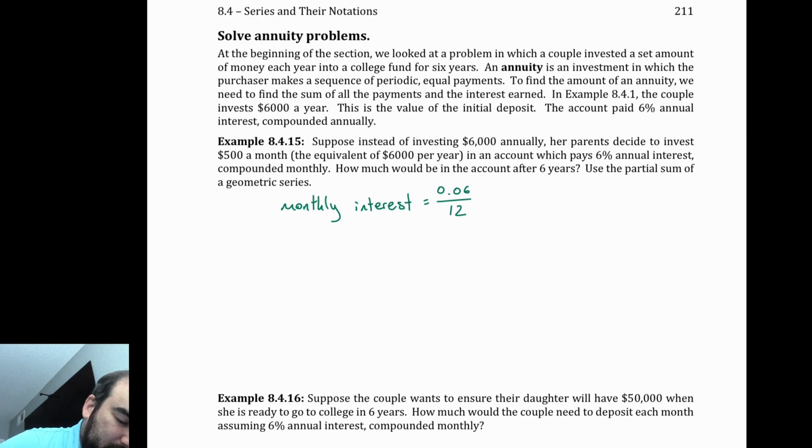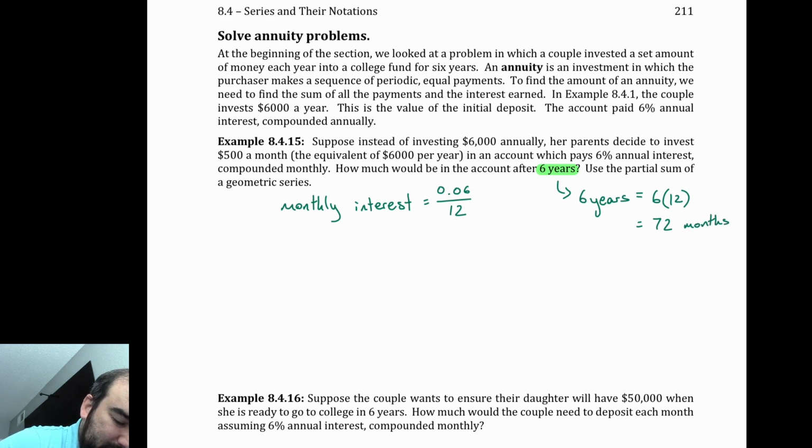So if we adjust our formula from before, 6 years, we also need to convert to months. 6 years is equal to 6 times 12 months, which is 72 months.